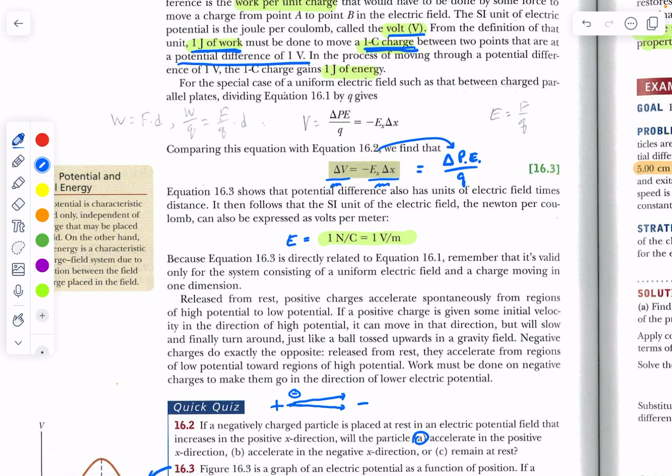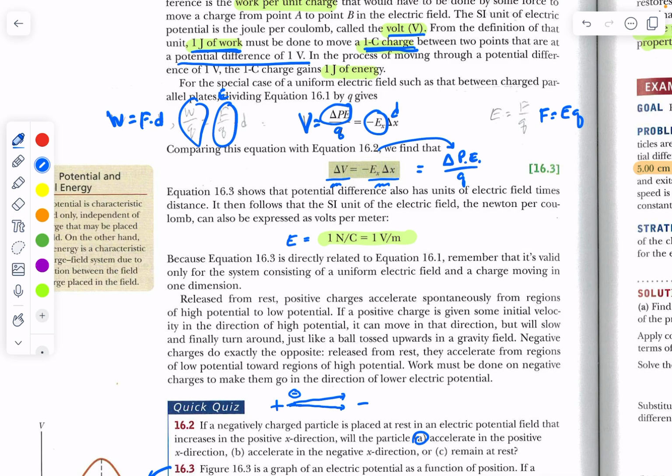And again, if you remember that work is force times distance, and if you also remember that force is going to be equal to electrical field strength times charge, we substitute that in and divide both sides by Q. My work per charge is known as a volt, and that work is my potential energy per charge, and it's going to equal E, my force divided by charge, times X, my distance.